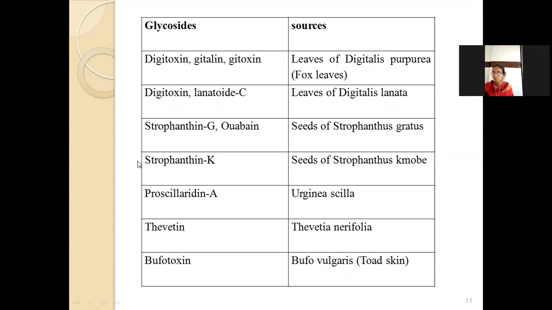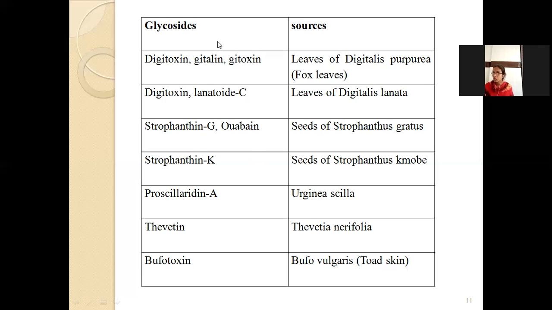Next is strophanthin K, obtained from the seeds of Strophanthus kombe. Next, proscillaridin A, obtained from Urginea maritima. Next, thevetin, obtained from Thevetia neriifolia. Next, bufotoxin, obtained from Bufo vulgaris, that is toad skin.